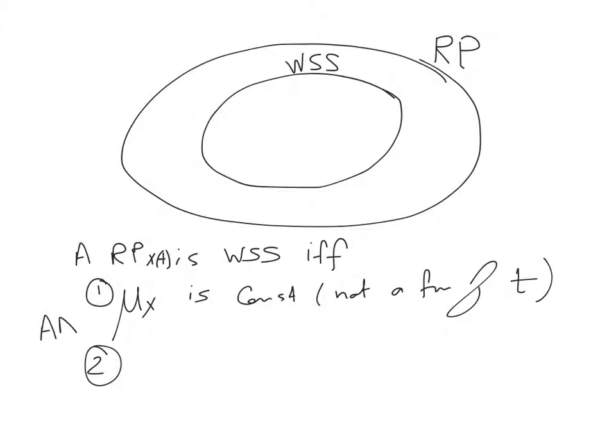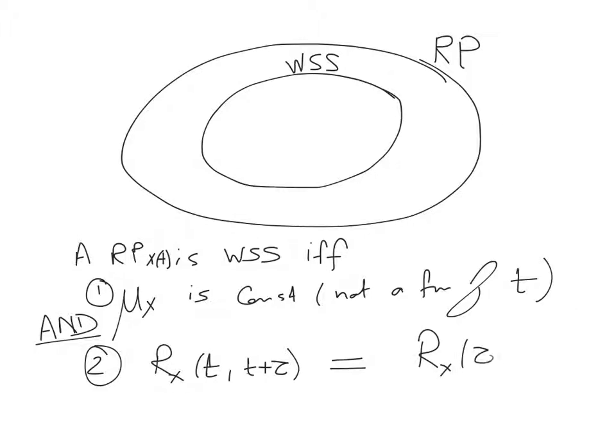Second condition: we write it in the same notation that we had last time. We call this Rx of t and t plus tau, and it is equal to Rx of tau only.